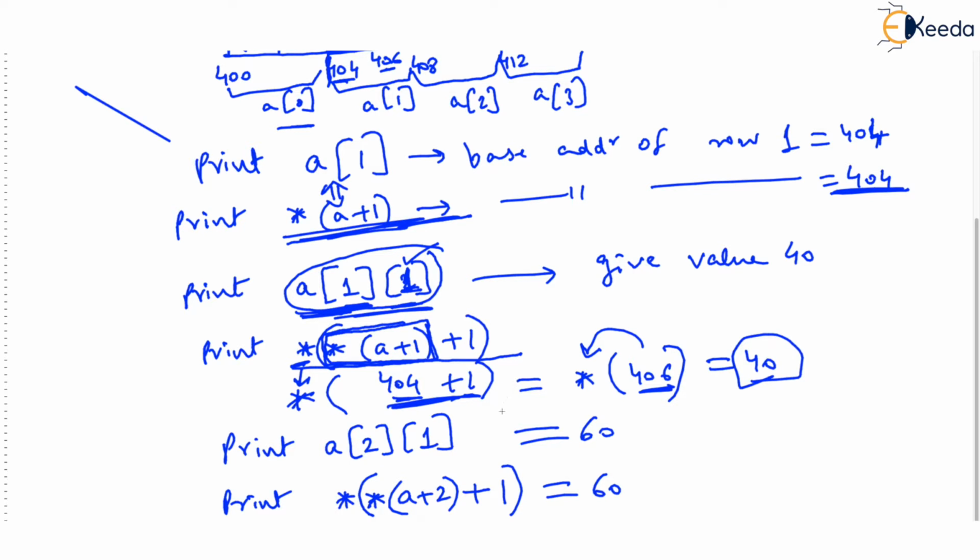What you have to understand here is that if I write a notation such as A[i][j], where A is the name of a two-dimensional array, then I am trying to find out what is the value stored in the ith row and jth column.